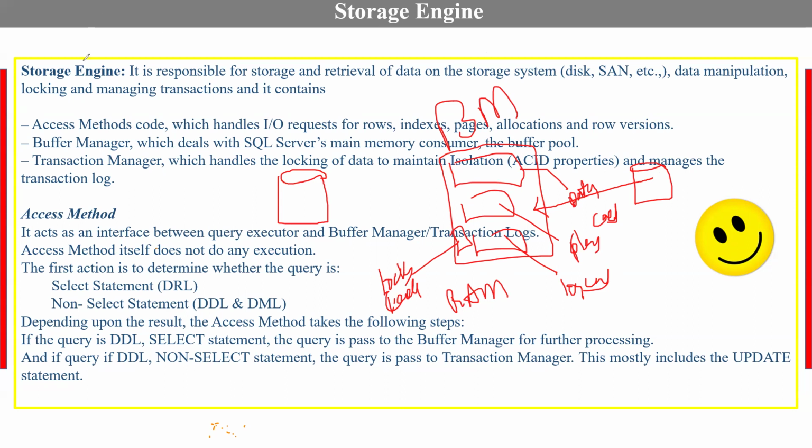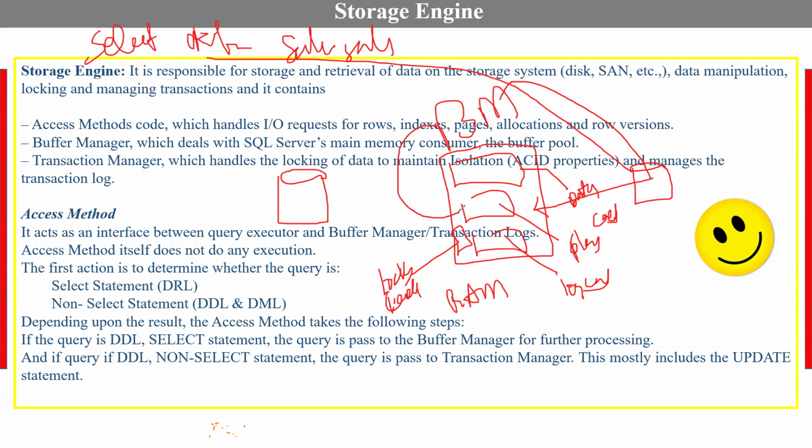So for example, you want to read the data: select star from sales.salesorderdetails. Access method can understand that the user wants to read the data. Access method will send a request to the buffer manager. Buffer manager will send a request to the buffer pool. Buffer pool contains the cache.